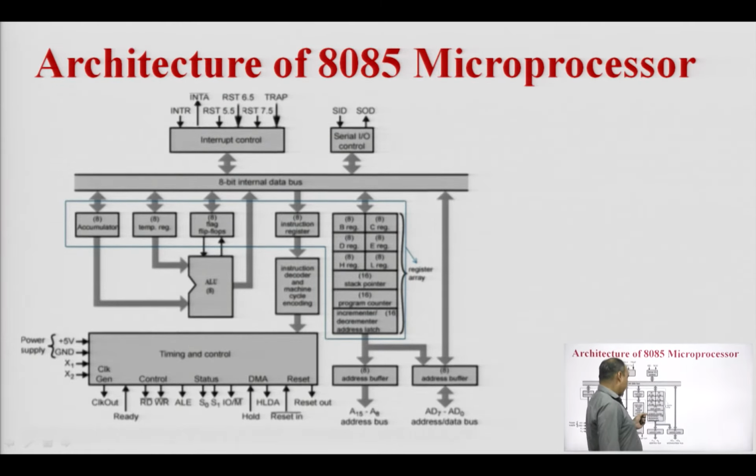The increment decrement address latch is used to increment and decrement the stack pointer and program counter register during the execution. So, the program counter is used to hold the address of the memory location where the instruction or operation code is present. The program counter is incremented to point to the next memory location where the next instruction is present.